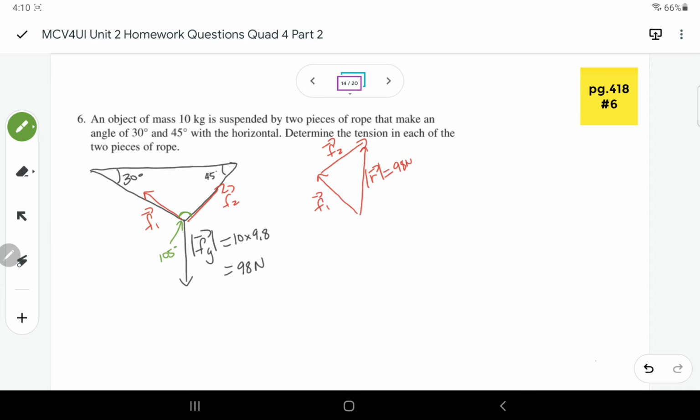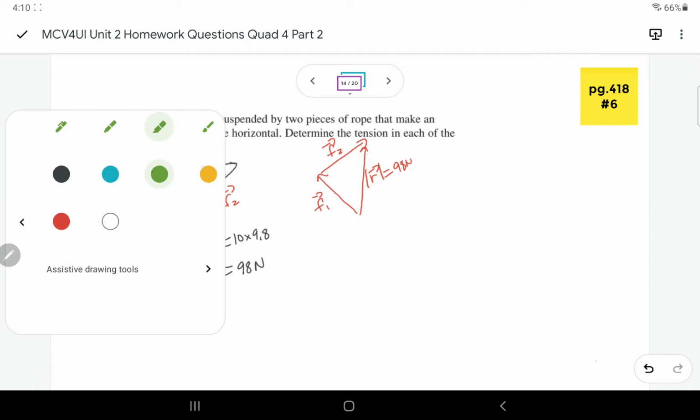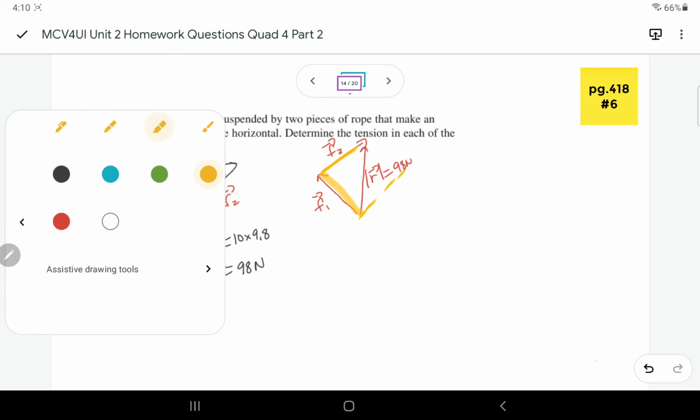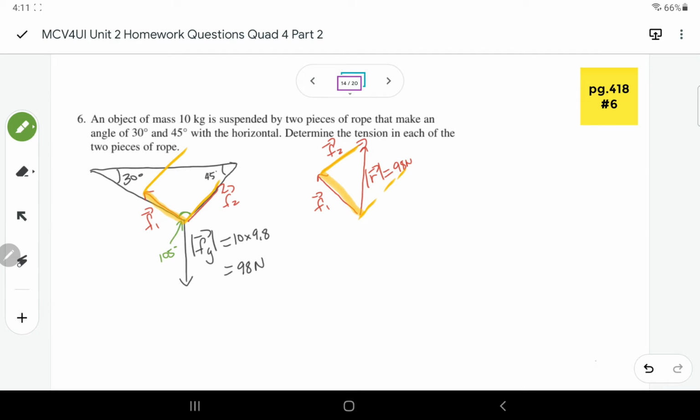I can also look at this as a C pattern. There are different ways to look at this for sure, but I would get that this is going to be 75 degrees.